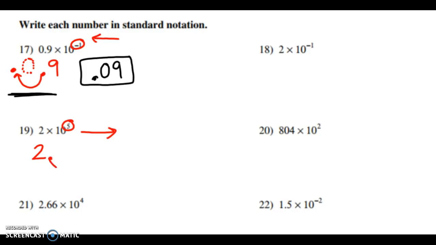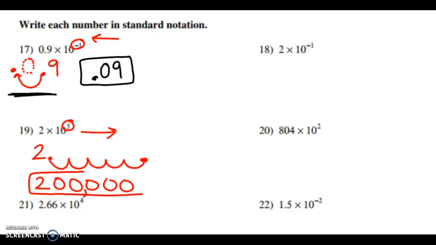I'm going to move it 5 spaces: 1, 2, 3, 4, 5. I can fill all those spots in with zeros, so I end up adding in 5 zeros for this one. I put my comma in, and that would be my final answer.